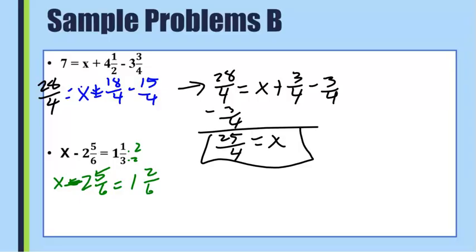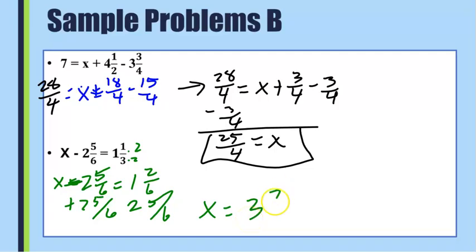So I'm going to add 2 5/6 to both sides. X is going to equal 3 7/6. But I have to rewrite this. This is really 3 plus 1 1/6, which will give us 4 1/6.